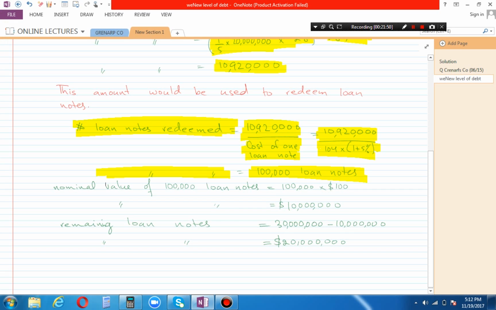Now what is the nominal value of the loan notes that we will redeem? Because we pay interest on the nominal value. The nominal value of one loan note is 100, so the nominal value of 100,000 loan notes would be 10 million.